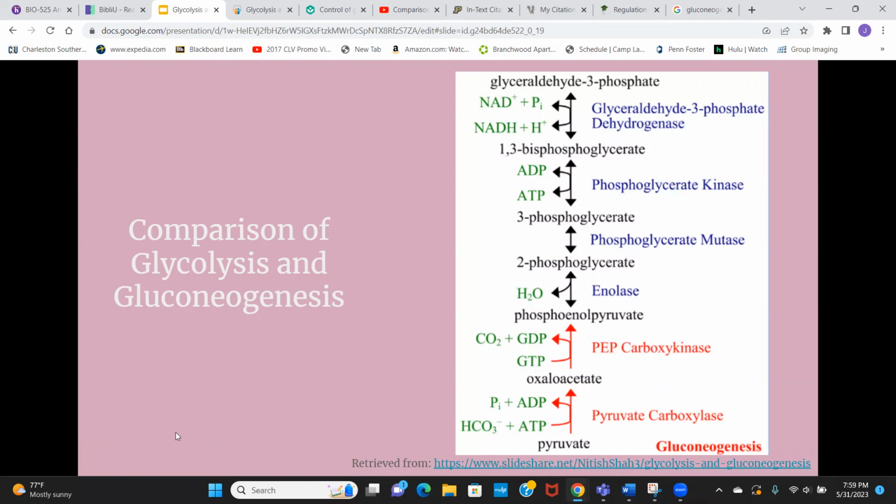We have to have extra enzymes and extra steps in order to have pyruvate converted back into glucose. That's why we say it's not a complete reversal. It's just the opposite process. It's going to take a little extra. It's its own process that occurs, but they do share many parts, many similarities, and that's why we lump them together when we're trying to explain these processes.